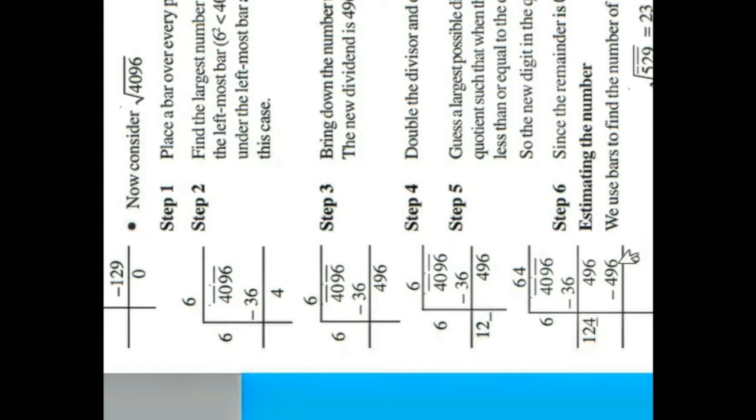So the new digit in the quotient is 4. We get the remainder 0, and the answer is the quotient 64. Since the remainder is 0 and no bar is left, the square root of 4096 equals 64. If 0 is coming, then this division is complete.